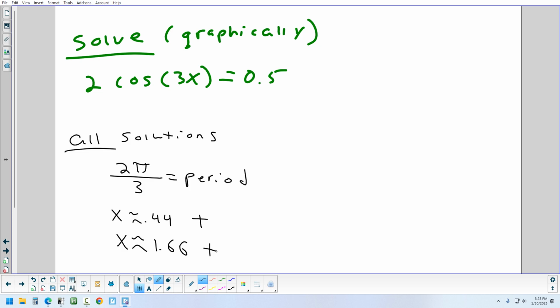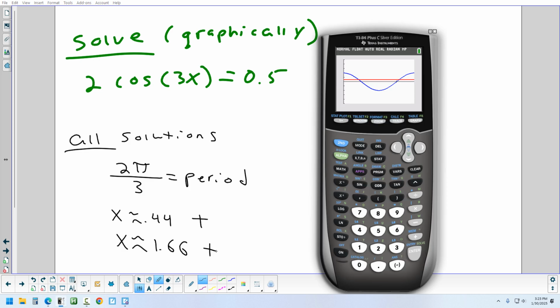Like, what would you have to add to 0.44 to get the next answer, which would be right about there? You'd have to add a certain number to it to get there. Yeah? The period. You would add the period.